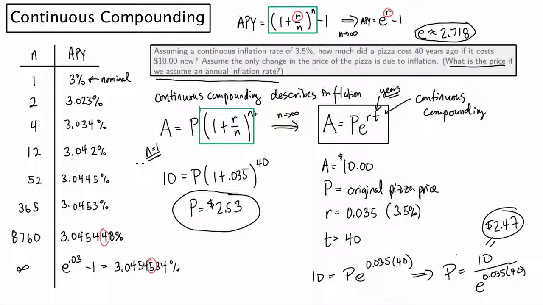Essentially all we've done, and I want to make sure that you walk away with this, is exchanged the items in the green for the items in the red. The items in the green are the b value for some exponential equation, and this is also the b value for some exponential equation.